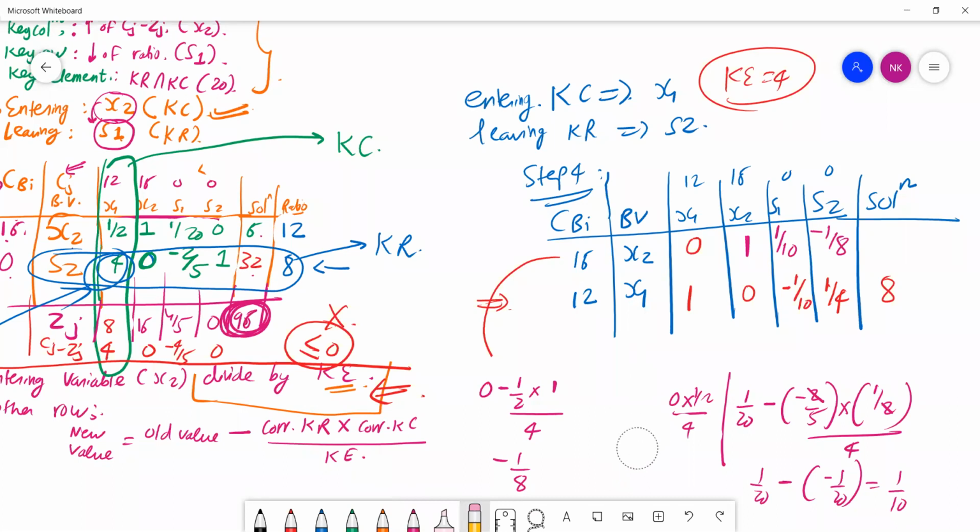And the solution, if I can calculate the solution, the previous value was 6 minus corresponding to the key column, it's 1 by 2, multiplied by corresponding to key row, it's 32 divided by 4. So it's 16, this is 4, so 6 minus 4, it's 2. So I'll be writing over here 2.